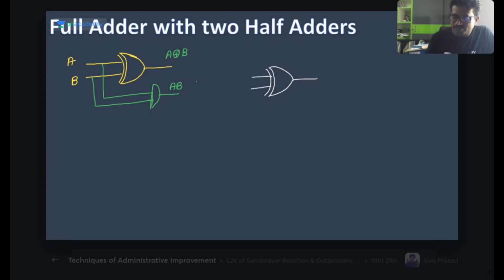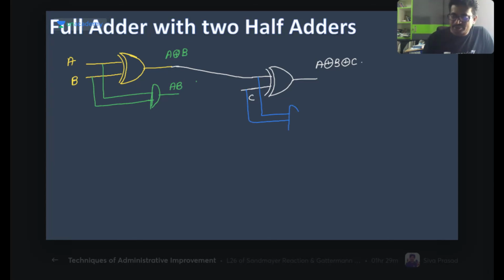One input is the new input C, and here the previous input is connected like this, isn't it? Now here what I will get is A XOR B XOR C. The connections are made like this.